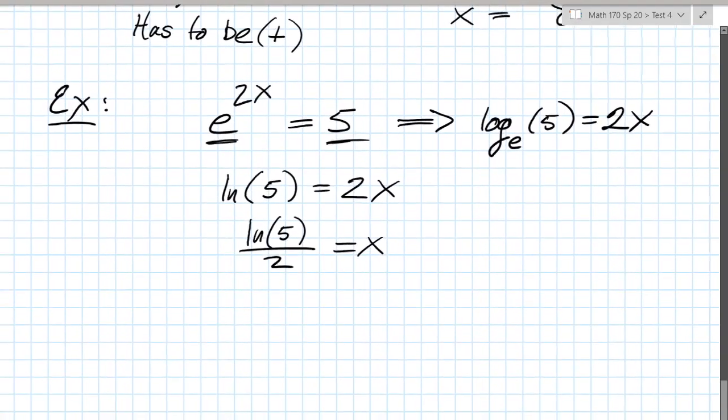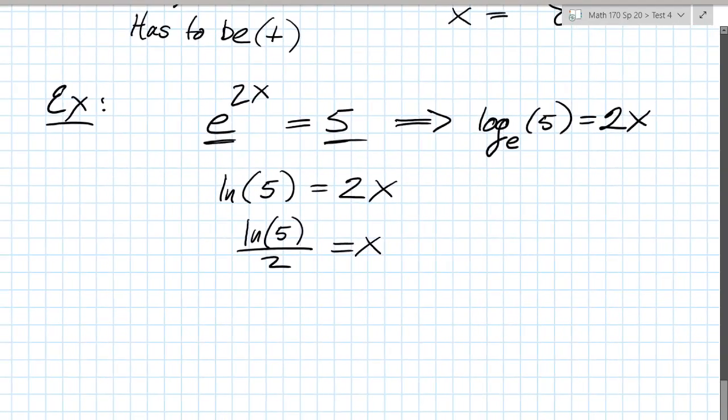That's an exact solution. If we wanted to get an estimate of that solution, we can put it into our calculator. Depending on what kind of calculator you have, you may have to put it in differently. But I put in ln, parentheses, 5, parentheses, divided by 2, and I get 0.8074 and some more decimal places for x.